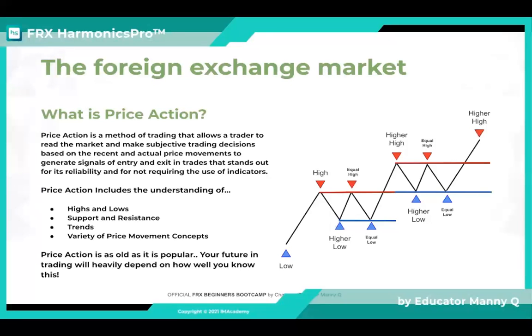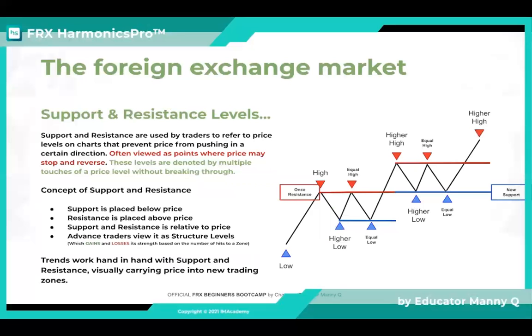And we use price action. A combination of things that we use for price action is determining highs and lows, support and resistance, trends, and there are a variety of price movement concepts which we're not discussing here to keep this general. We talked about support and resistance, how to identify support and resistance in the markets, and how that can visually help us understand the directions of the trends in the market.